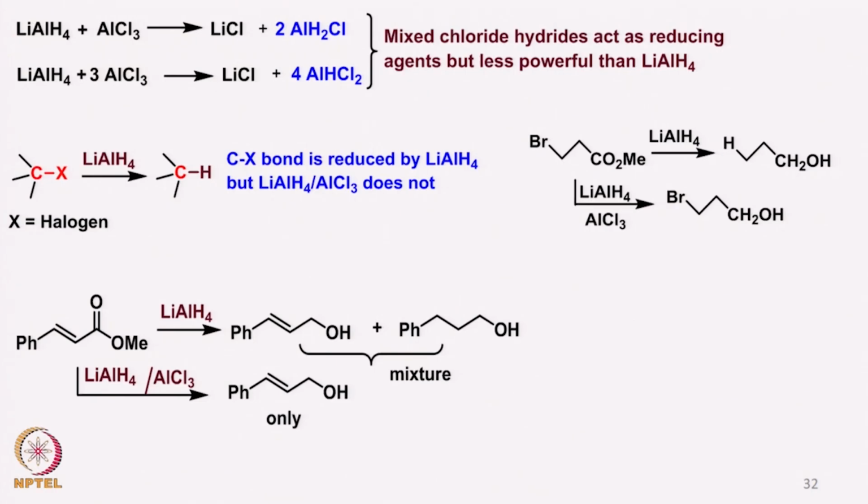Before diisobutyl aluminum hydride, as I mentioned, AlH3 was utilized. But since AlH3 is not a very easy reagent to handle, that is the reason why diisobutyl aluminum hydride was used. So this was basically converted into an alternative as this was used.